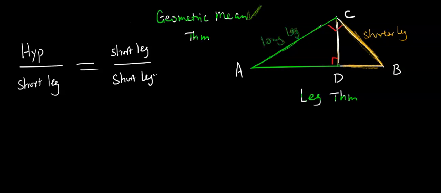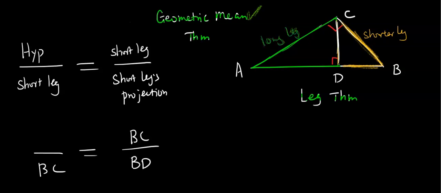I like this better. Less writing. Very brief. Okay? We're going to put the names here. Short leg, BC. Projection for BC, the segment adjacent to BC, that is BD, and hypotenuse AB. All is good, all is well.